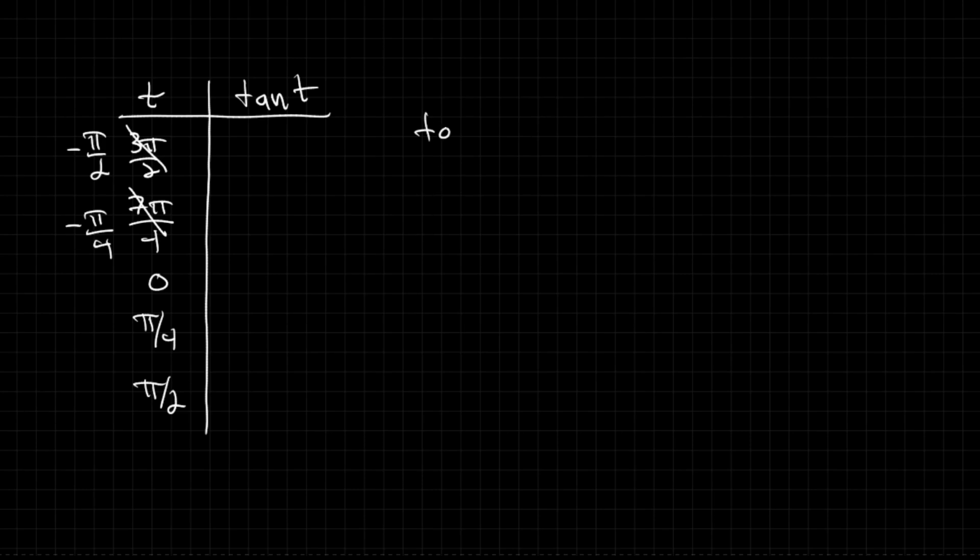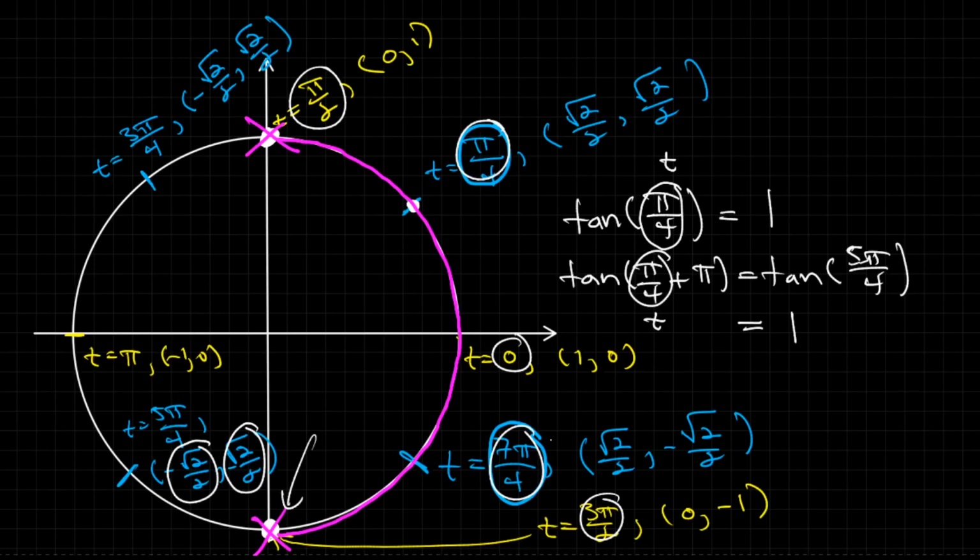So if I needed to do tangent of minus pi over 2, that's undefined. So there's nothing you can put right here. And to show you why it's undefined, again, remember tangent of minus pi over 2, that's the y over the x coordinate. And let's go ahead and fill these in with their coterminal negative versions.